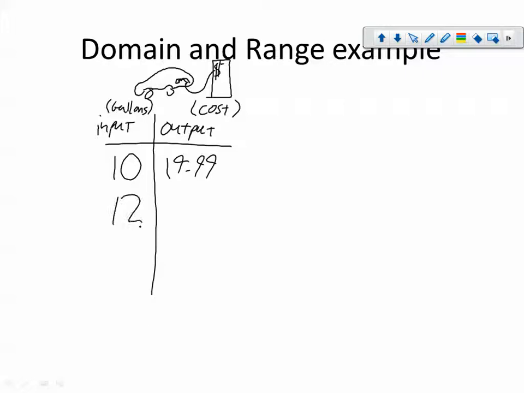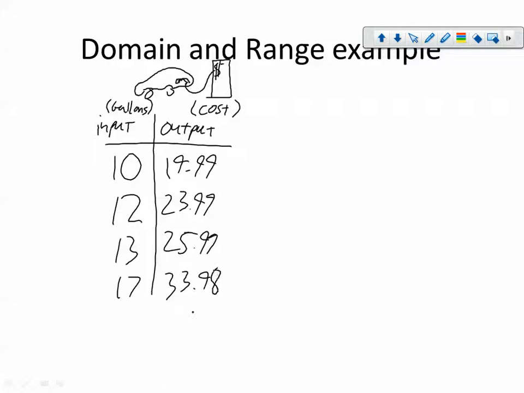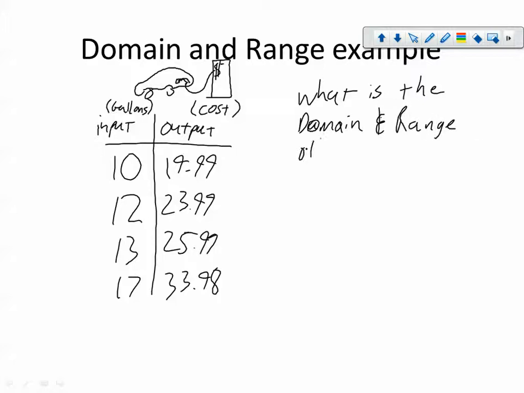When you have 12 gallons, it's $23.99. When you have 13 gallons, it's $25.99. And when you have 17 gallons, it's $33.98. I'm going to ask the question, what is the domain and range of this function?